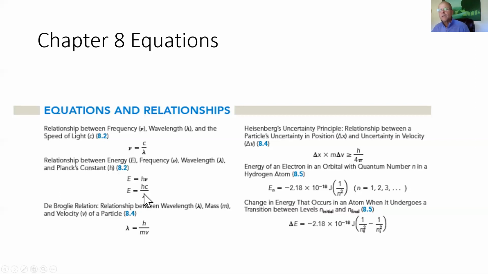So for example, a kind of problem is an electron in a hydrogen atom makes the transition from n equal 1 to n equal 5. What wavelength is associated with that transition? So you figure out the energy difference between those two energy levels and you set that equal to E equals hc over lambda.